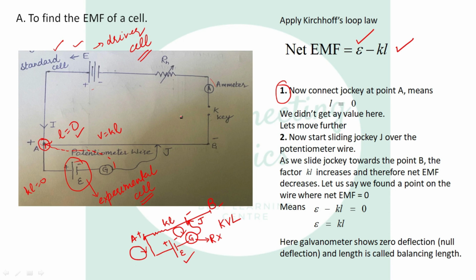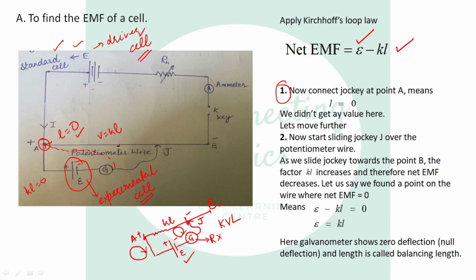So, let's move further. Now, remove the jockey from here and let us slide the jockey over this wire, like this. This pen is moving from A to B. In the same manner, we will slide the jockey over this wire very gently, very slowly.